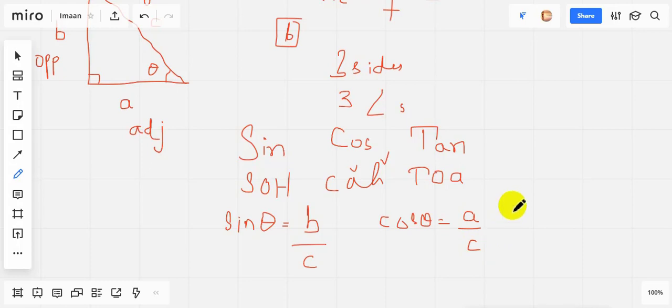That's fine. Then TOA, so T for tangent theta. So tangent theta equals opposite over adjacent, so opposite is B and adjacent is A. So these are the ratios for these functions, sine, cos and tangent, and we use these ratios to find the unknown sides and elements. But we will come to that later.